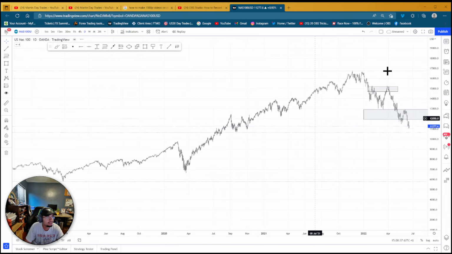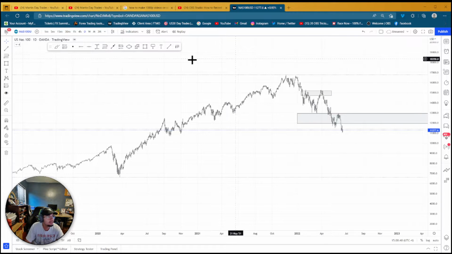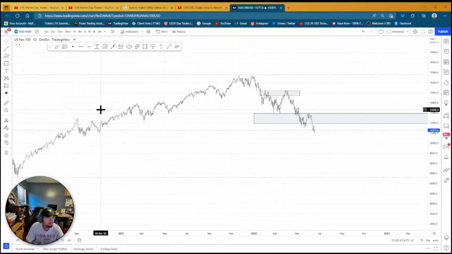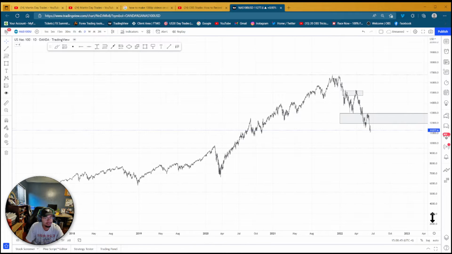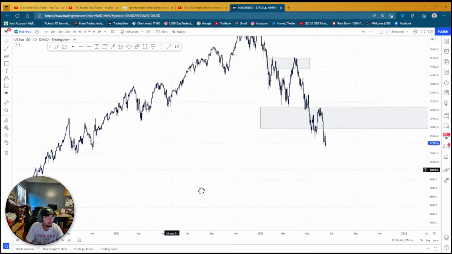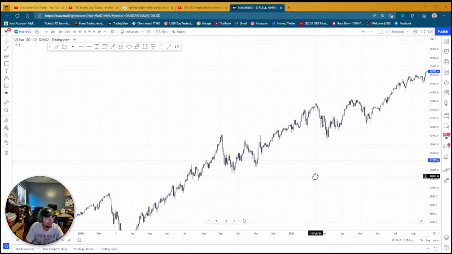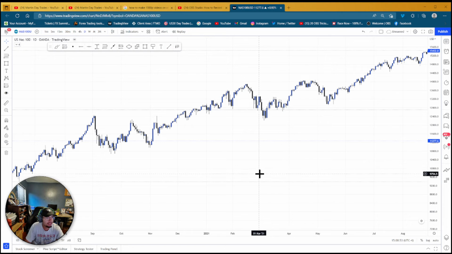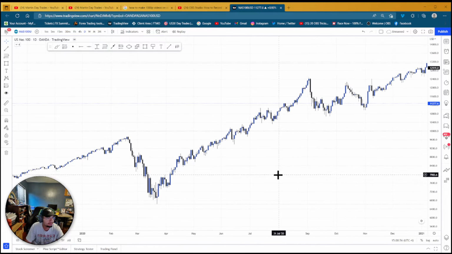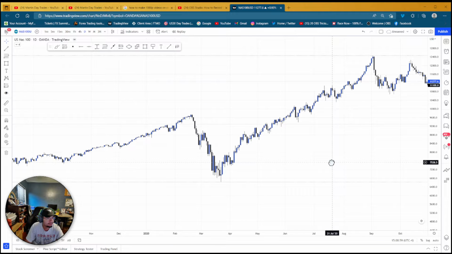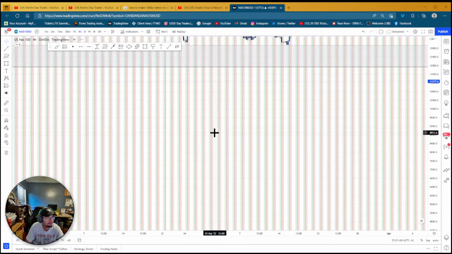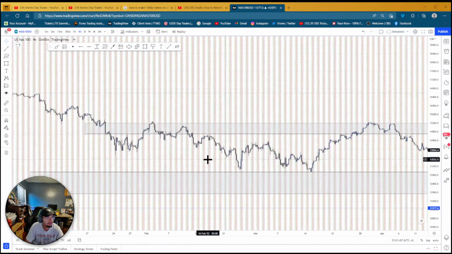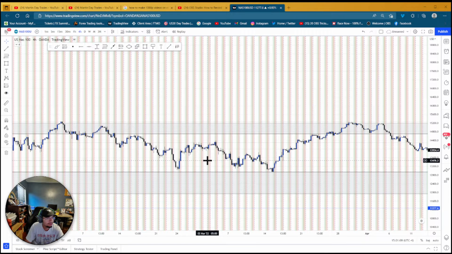Oh man, when I erased my charts, oh no, never mind, it's on the daily. So you guys can see that there is an imbalance there, and we can even go to a smaller time frame and do an imbalance on a smaller time frame. I want to say this is an imbalance right here.